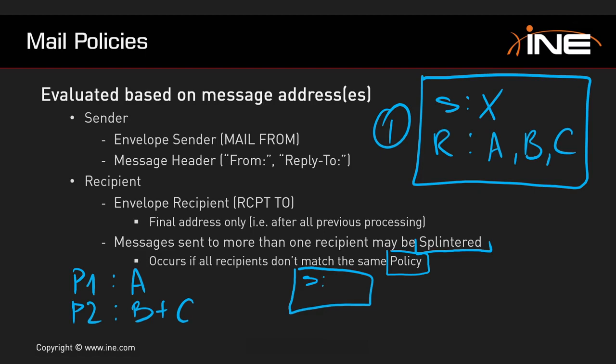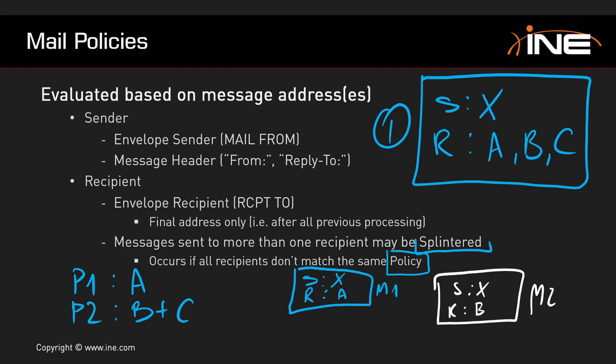Like message 1 is going to be still coming from X, but it is going to be destined to A. And then the second message is going to be the same source, but it will be sent to different recipients, B and C. So in this particular case, splintering results in just 2 virtual messages.